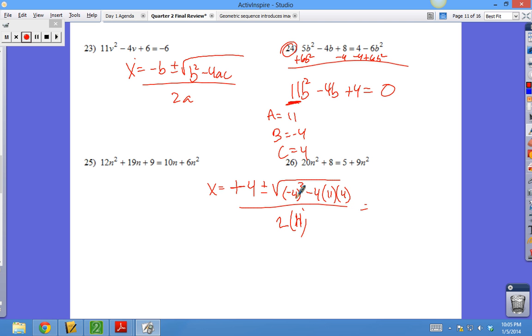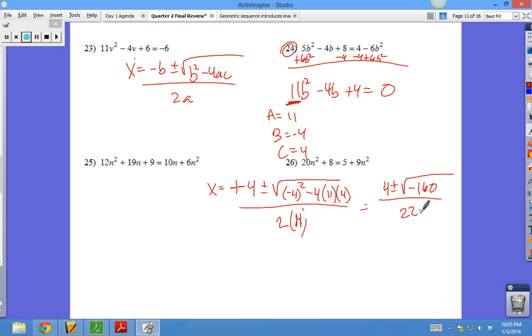If you punch that in first, that is your first move. So it's going to be 16. Alright, we're going to go 4 plus or minus. You should get negative 160, all divided by 22.